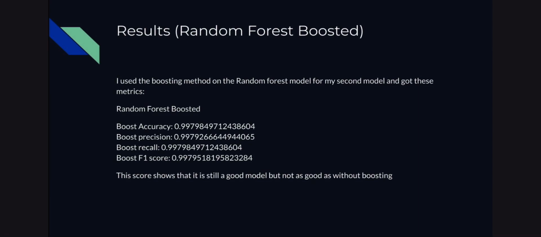But surprisingly, it gave me a worse score than the normal random forest algorithm.